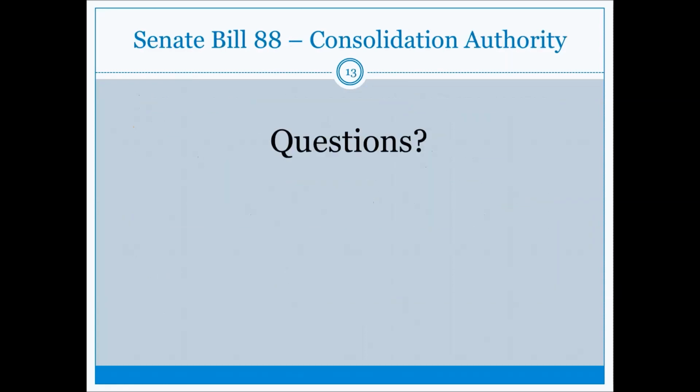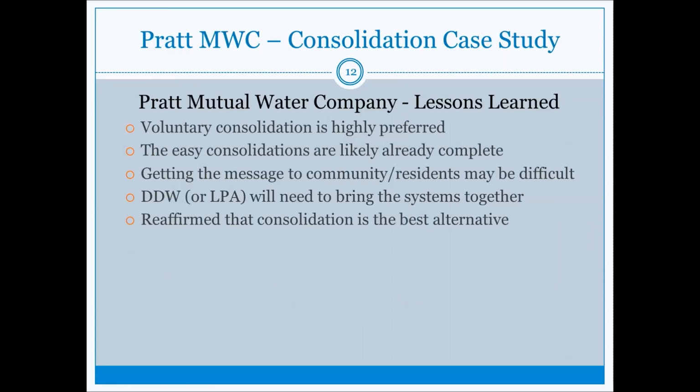A couple lessons learned, and then we're into questions. Voluntary consolidation is highly preferred. I really like what Ellen said about this continuum of partnerships that are available, and that finding whatever works for each circumstance is really important. I put here that the easy consolidations are already complete, because in my experience, if you already had 2 willing parties and a common goal, it's already finished.